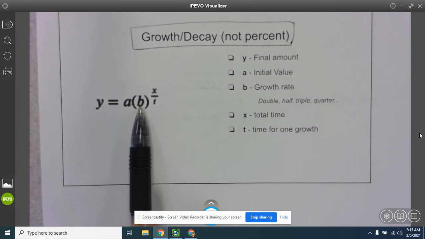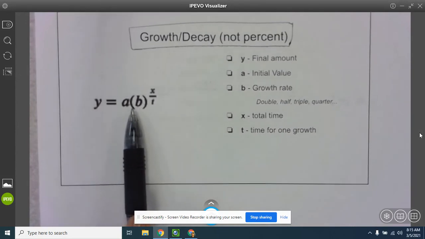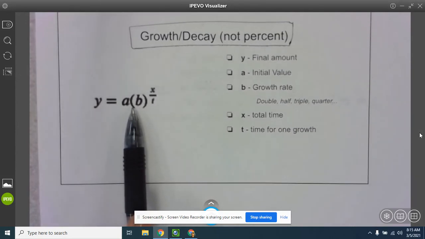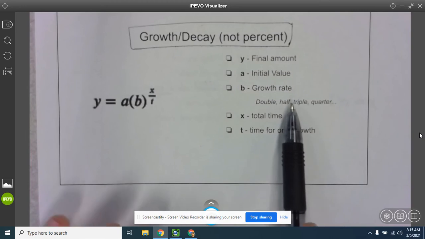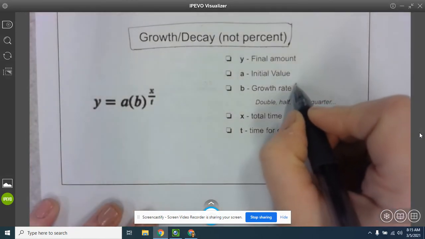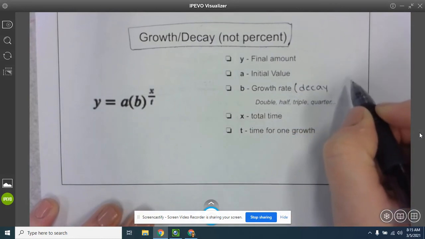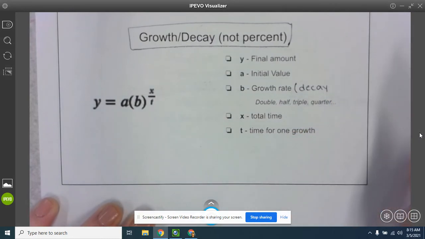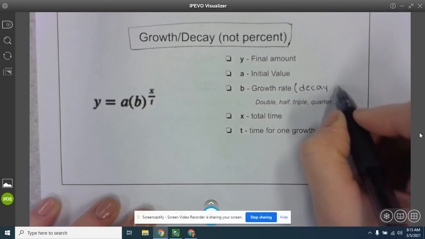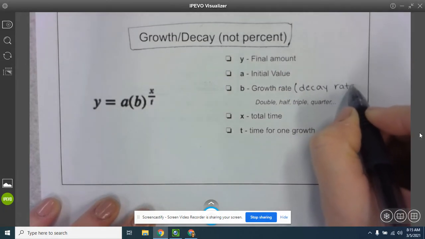It's not 1 minus. It is just my B value. This looks a lot like the equation that we use to write the graph and the table function. So this could also be your decay rate if it says a third or a half or a quarter. That's decay.